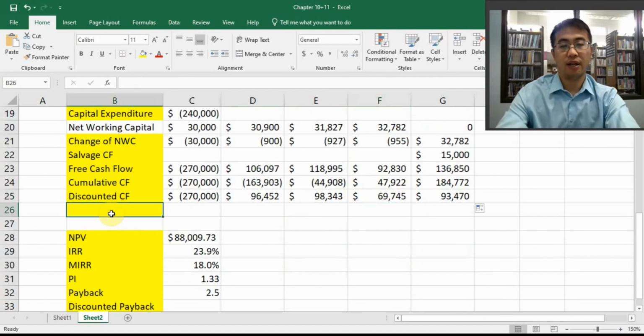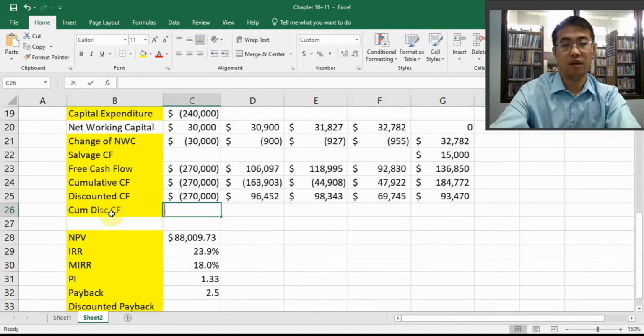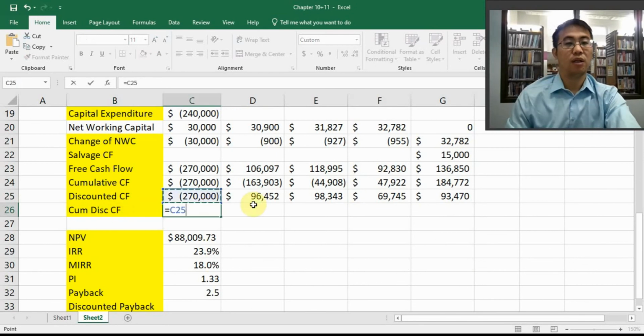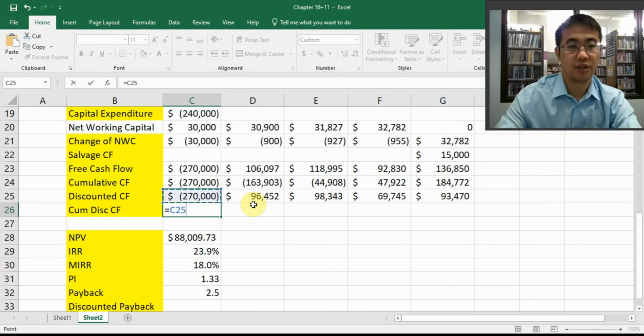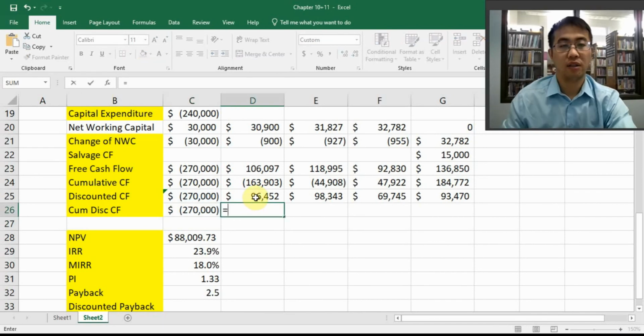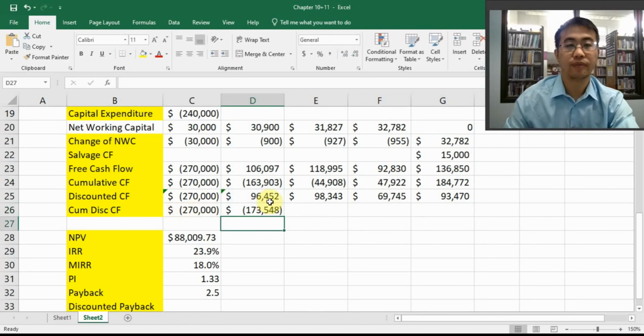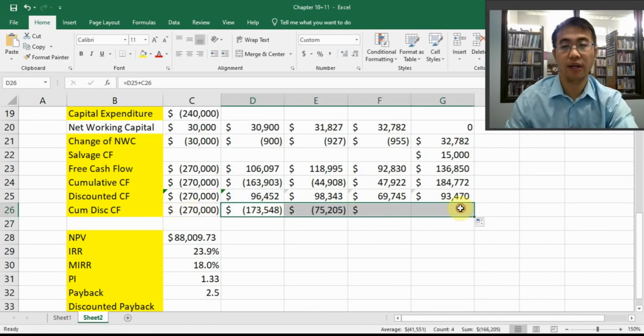Alrighty, then I can calculate the cumulative discounted cash flow, and I will use year zero's cash flow to start with, and then the next year the accumulated discounted cash flow is the discounted cash flow I made plus the remaining balance from last year, and then I just drag it all the way.